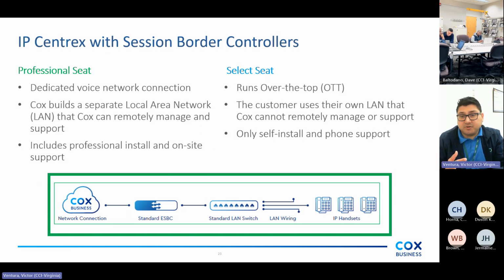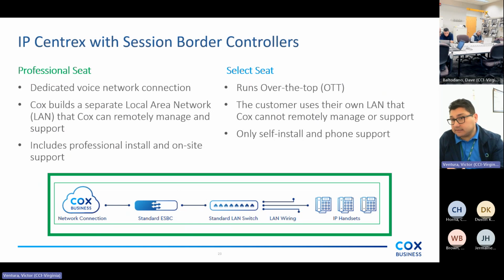If it's over fiber, it's going to be a POI circuit. If it's over XGS-PON or GPON, that means we're going to have an ONT. And then we have our session border controller, which really manages the traffic from the IP public network through the customer's private network. Then you're going to have a LAN switch, wiring, and IP handsets.